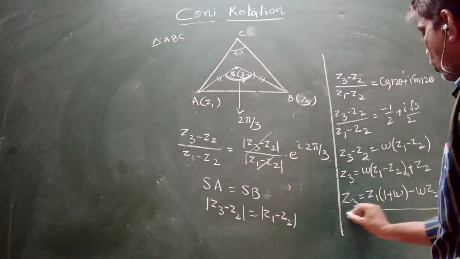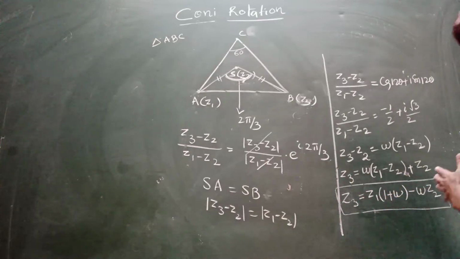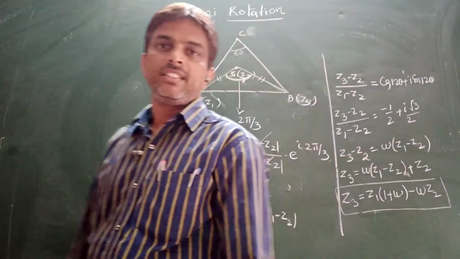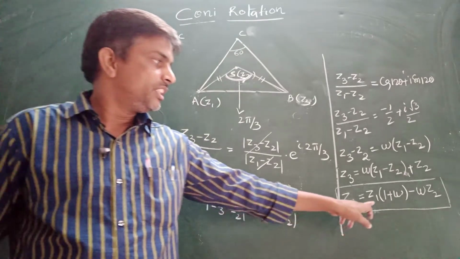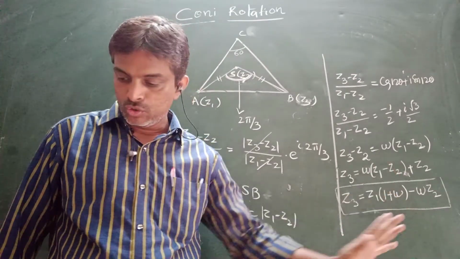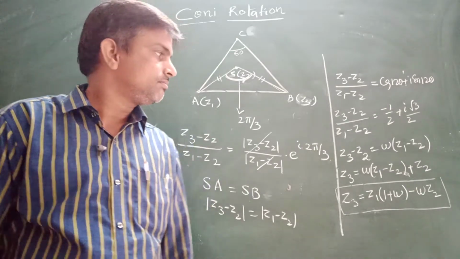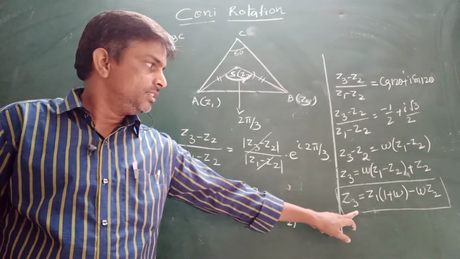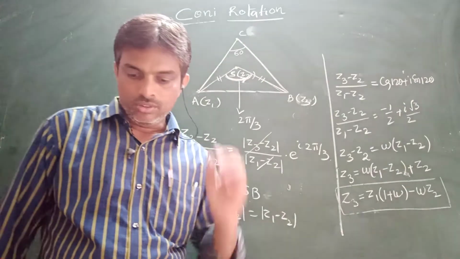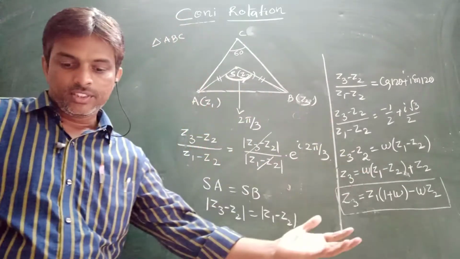So this is my complex number Z3. Is it clear? I hope it is clear. Now let's go for the next problem.